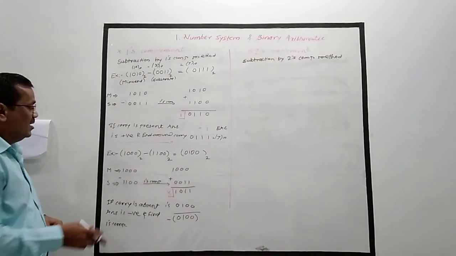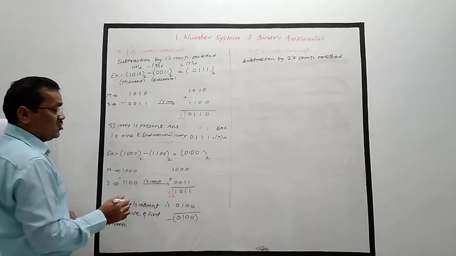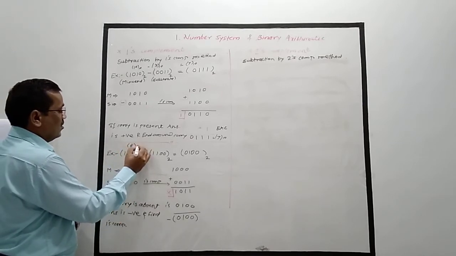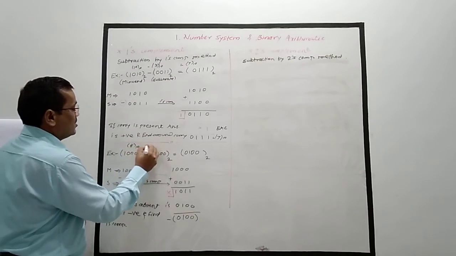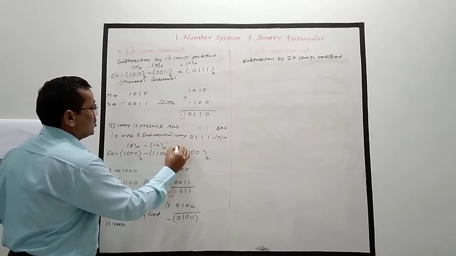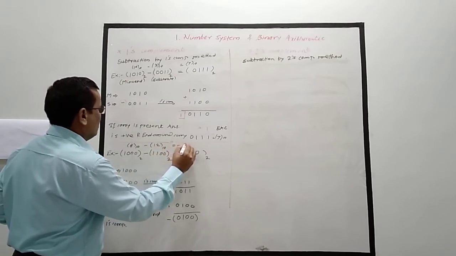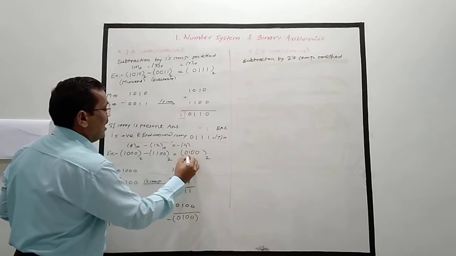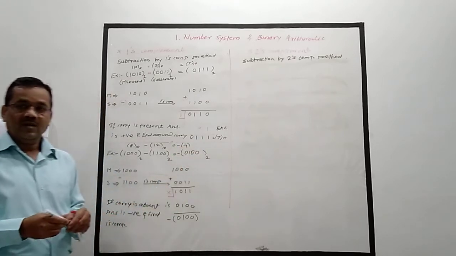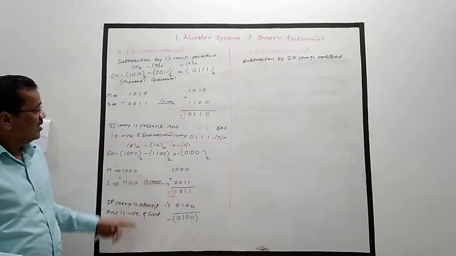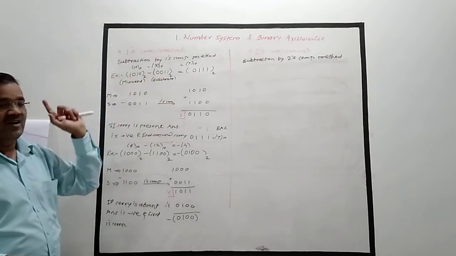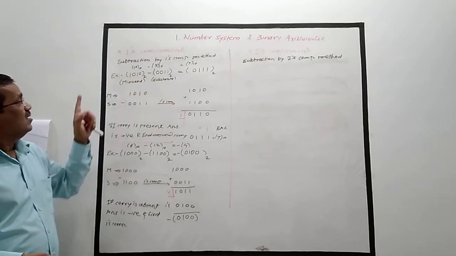If we convert these numbers into decimal equivalent, this is 8. It is 12. So the answer will be obviously minus 4. And here this number is also 4. In this way, we can subtract the two binary numbers by using ones complement.